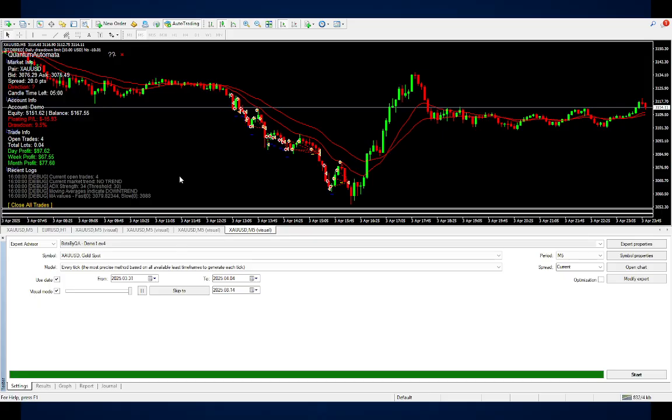Now let me see if I can risk more by saying I want to risk an additional $15 daily drawdown. My bad. $15 daily drawdown. Save. Yep. Not 10, it's 15.